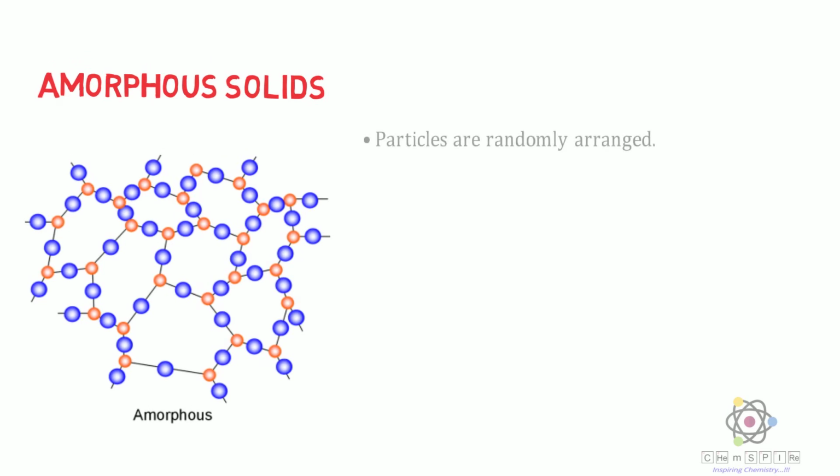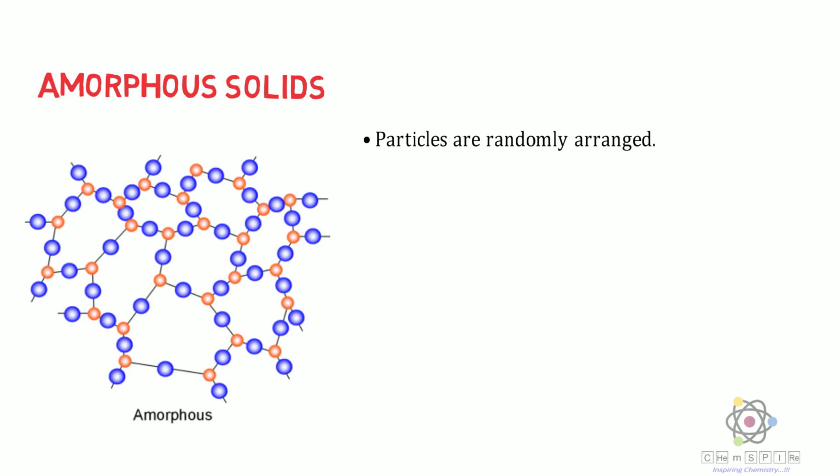Now the constituent particles in amorphous solids are randomly arranged. As we discussed, in crystalline solids there is a regular pattern of arrangement of particles, but here the particles are randomly arranged. As you can see, there are some pentagons, some hexagons.